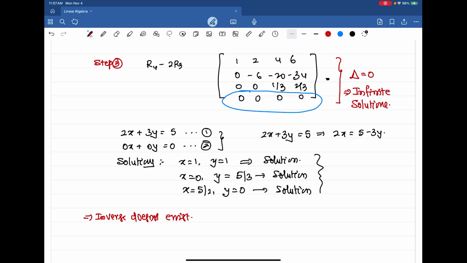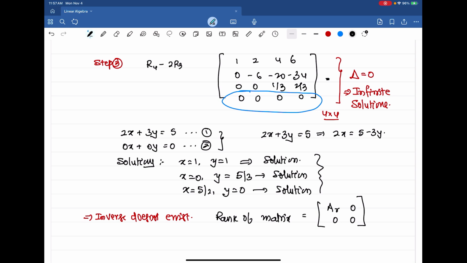Here it is a 4 by 4 matrix, out of which one row is totally 0. Hence it becomes 3 rows. Only 3 rows have valid elements. The 4th row is totally 0.